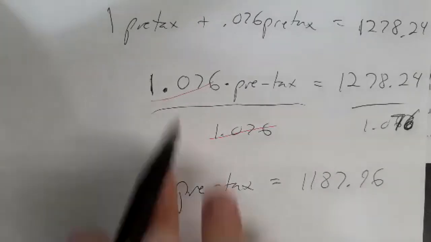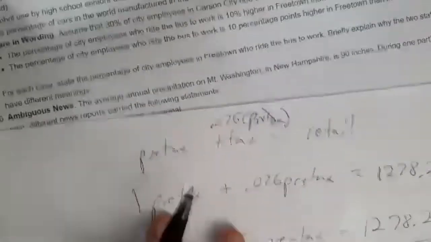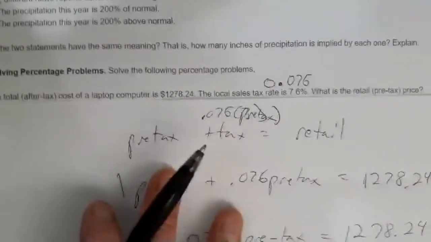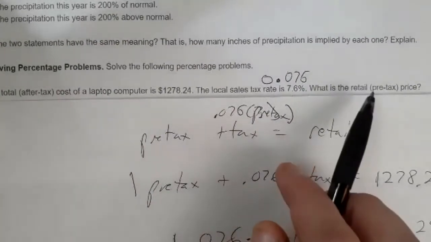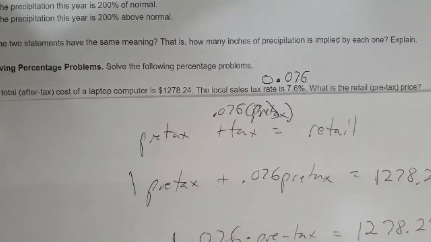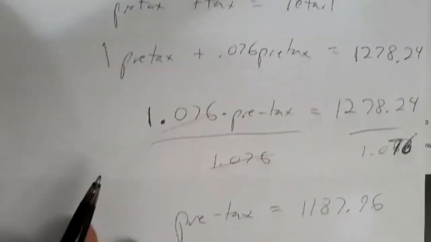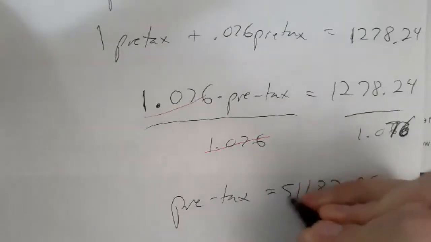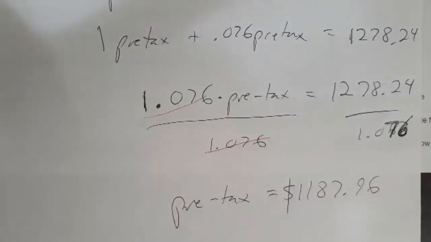So when they give you the new price, that's when it's hard, right? If they're giving you the old price, it's usually easy to calculate off of. Like if they gave us a pre-tax price, all we'd have to do is 107.6% of pre-tax, and we're done. 1.076 times whatever they give us. This way is backwards, so we're going to end up dividing by 1.076. And then we can do a sort of check.